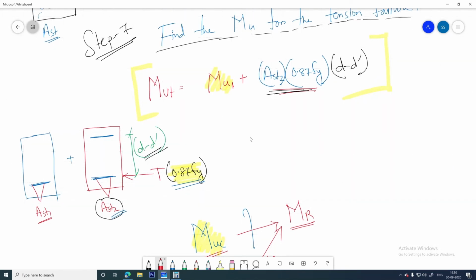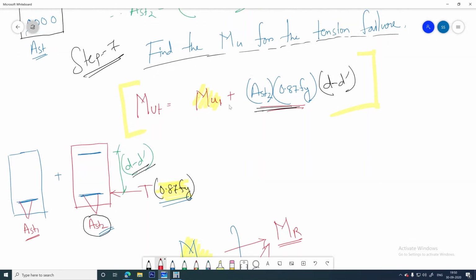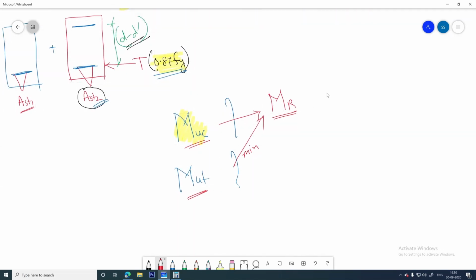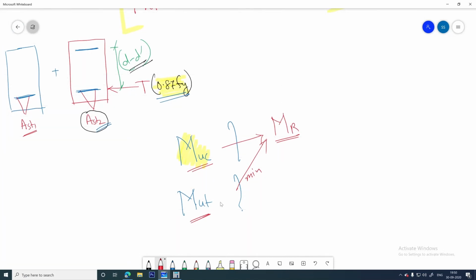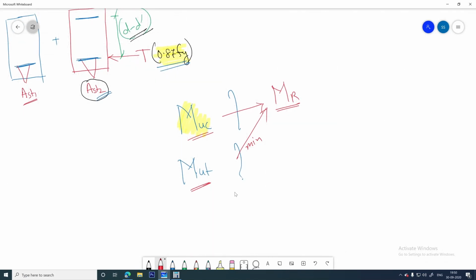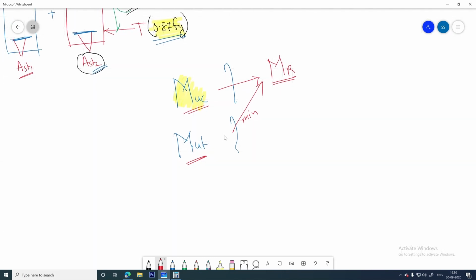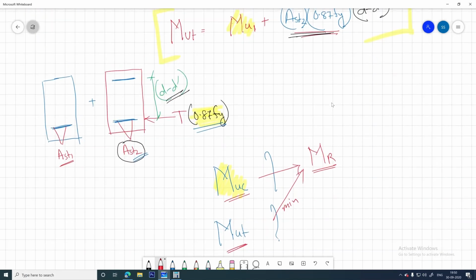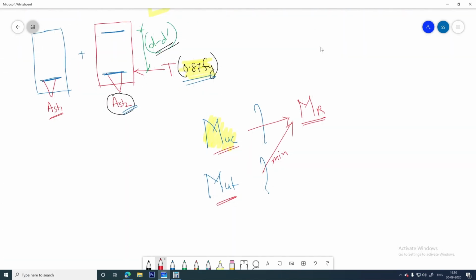So in such a way you can determine the MUT, that is the moment for the tension failure. Now you compare the total moment under compression failure and the total moment under tension failure, and the minimum value that you get is the moment of resistance, okay. So thank you. In the next class I will show you some numericals on this topic. Thank you all.